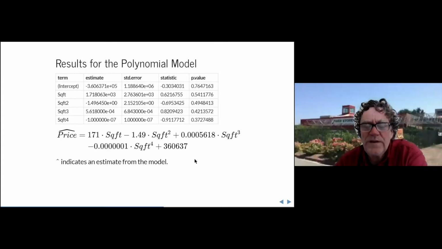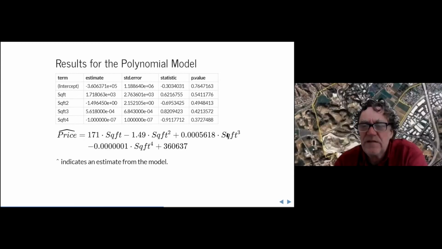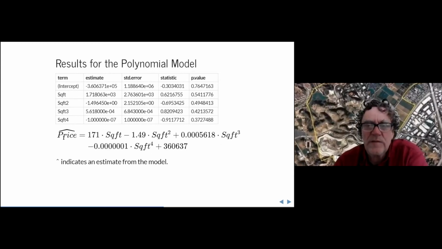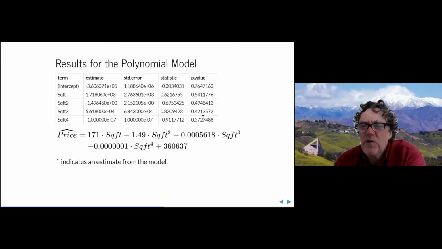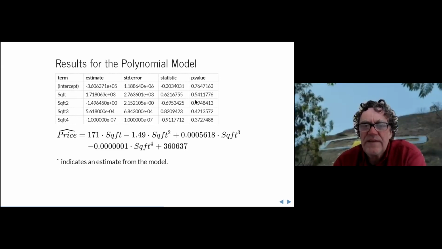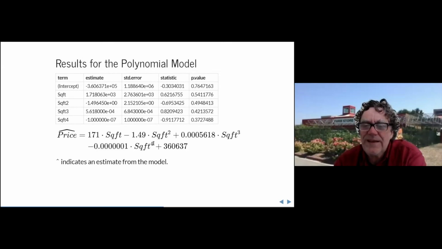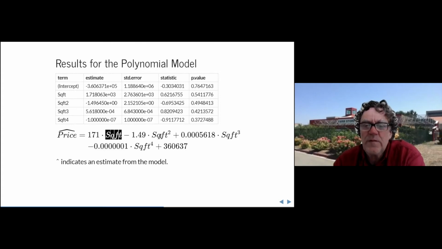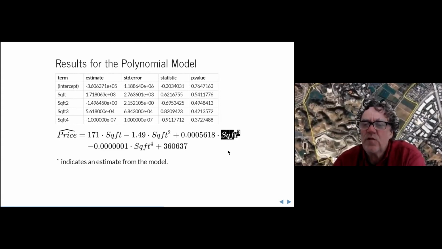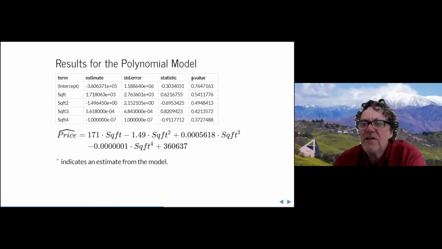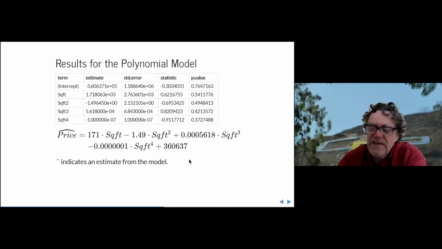What is important about this equation is I can plug in square feet and I get an estimate. You see here, if you look at the p-values, that they seem all not to be significant, but let's not forget, we have one variable here in different powers, so we have a high degree of collinearity. We can really not interpret these p-values here. So let's see how well we did.